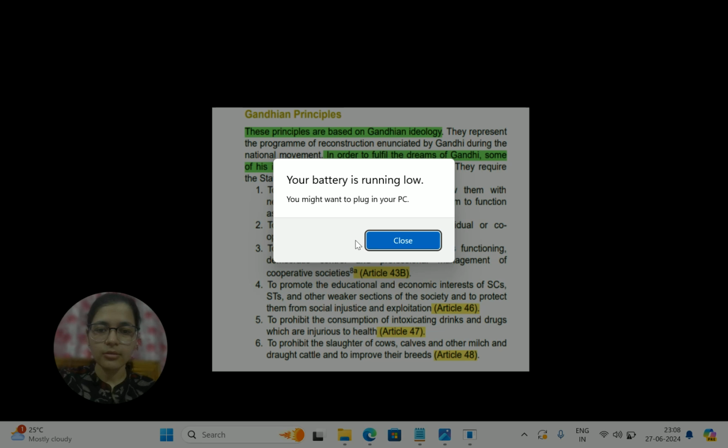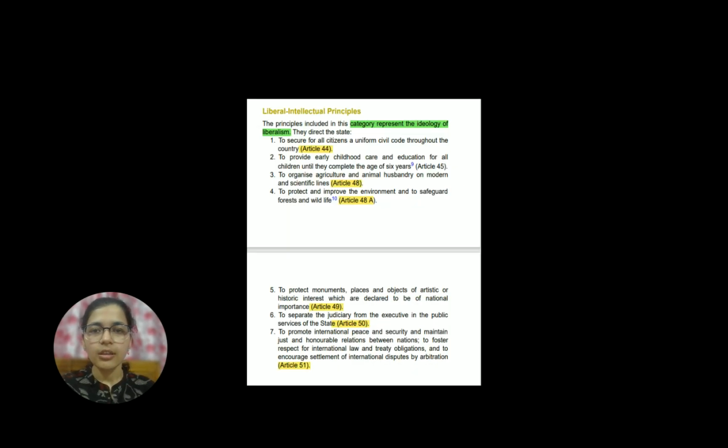And the third one is liberal intellectual principles. This category represents the ideology of liberalism. It contains Article 44, which lays down the principle to secure for all citizens a uniform civil code, which is often discussed in current affairs of polity.